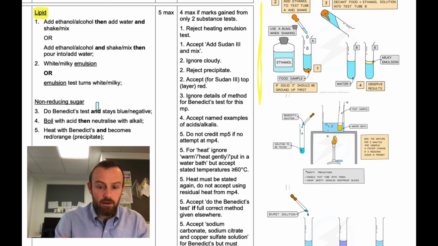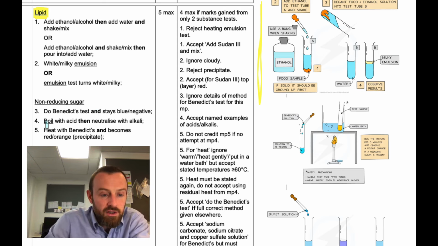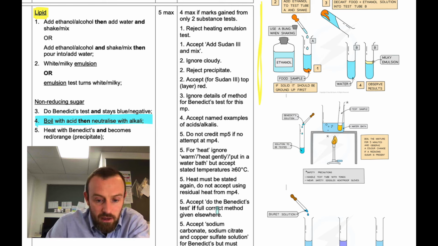Then we go back and we do this acid hydrolysis step. So this is the key acid hydrolysis step: we boil it with an acid and then we neutralize it with an alkali. You can give an example of an alkali, I think down here: sodium carbonate or sodium citrate would be alkalis that you could use, or sodium hydrogen carbonate.